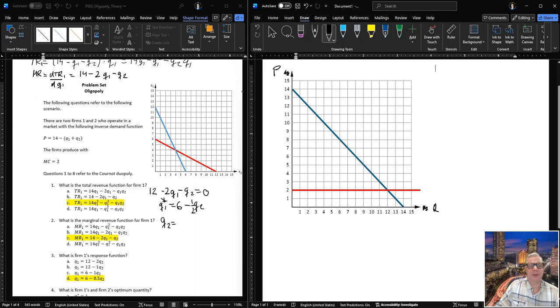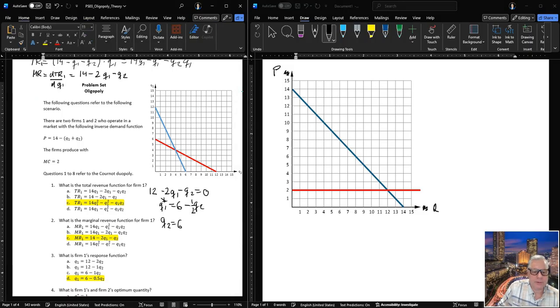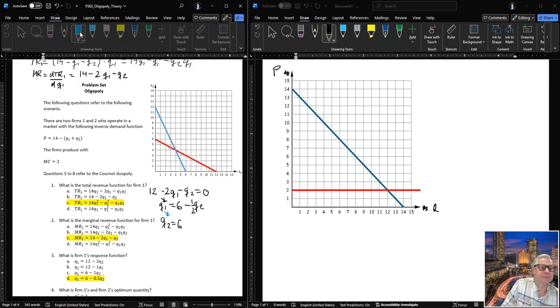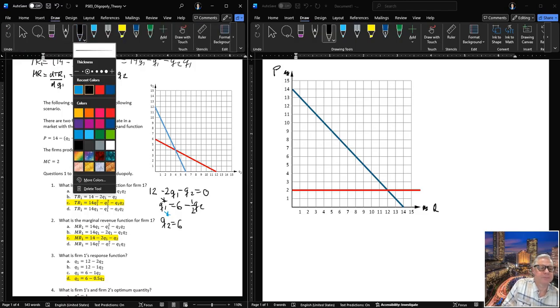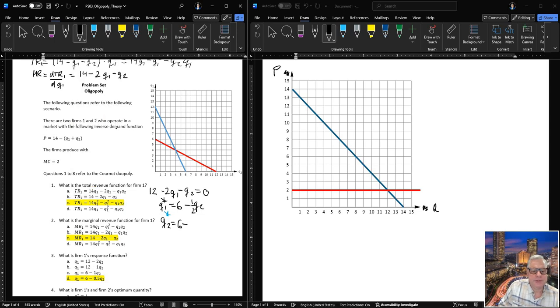Okay, so now we have the two response functions. So Q2 would be also 6 minus 1/2 Q1, but of course we have to look a little bit differently at the axes to get it.